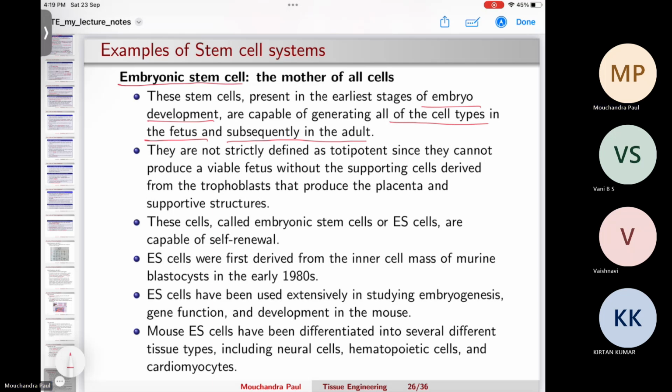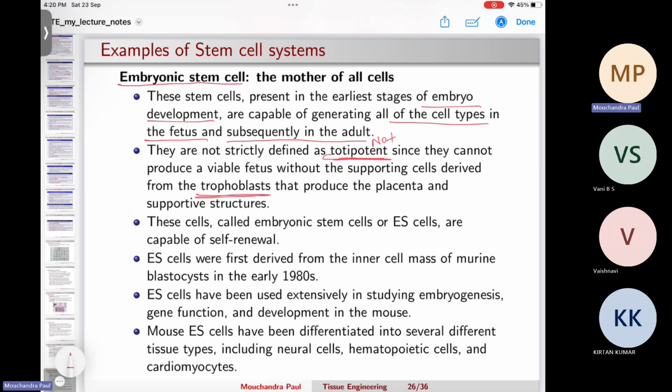But please note that embryonic stem cells are not totipotent. Totipotent means differentiate to produce all cell types. So totipotency is not shown by these embryonic stem cells. Why? Because these stem cells, which are present in the inner cell mass, cannot function without the role of the supporting cells, the cells present in the trophoblast, because it is the trophoblast that produces the placenta and the supportive structures.